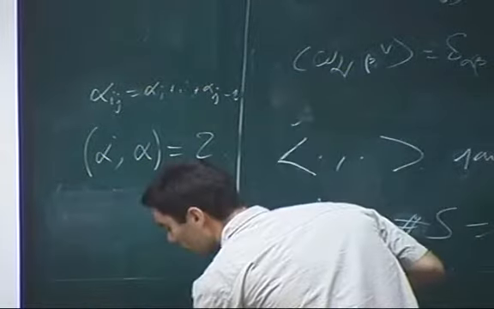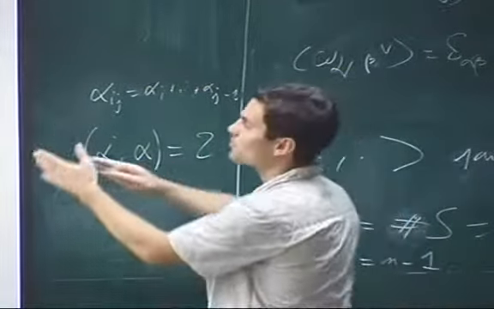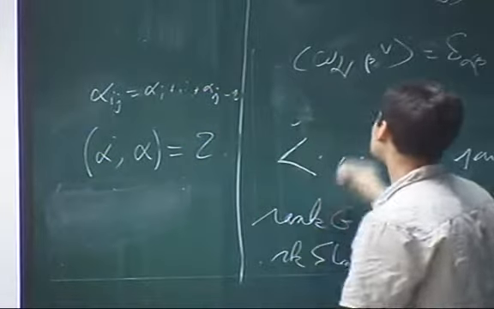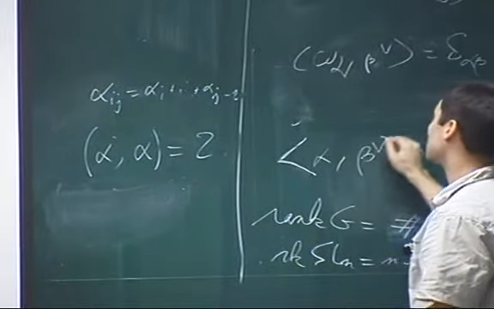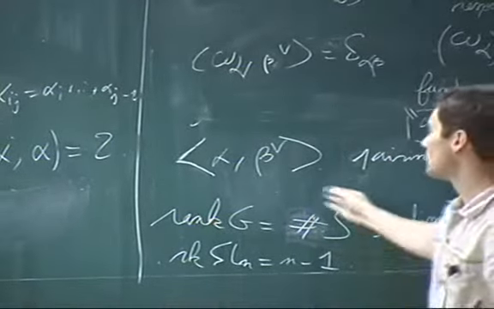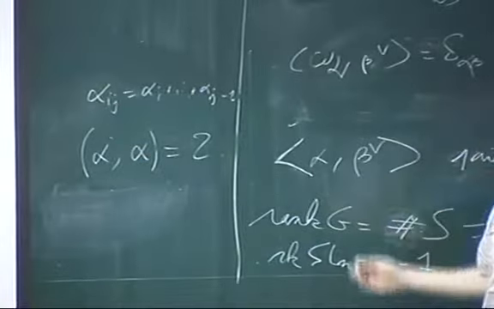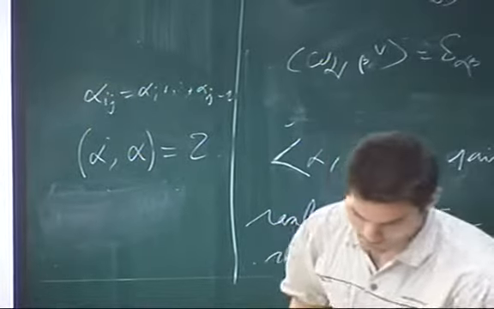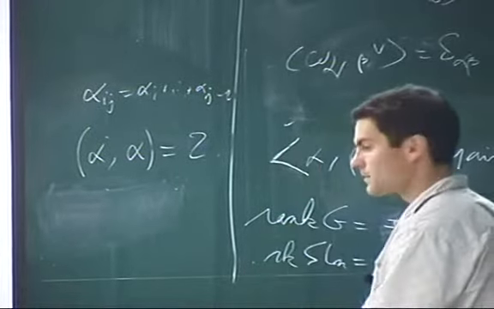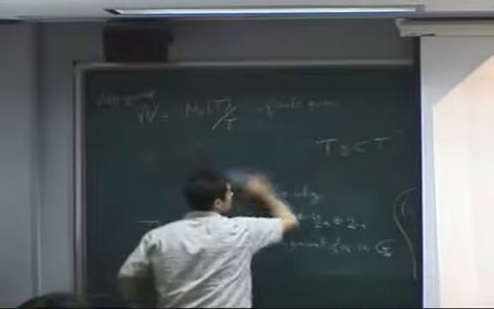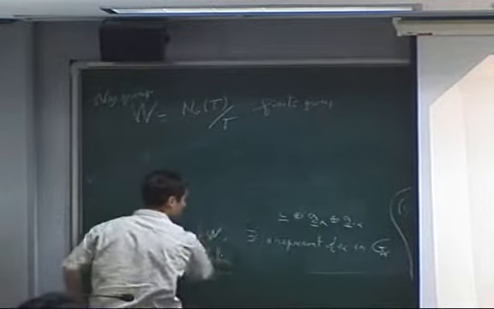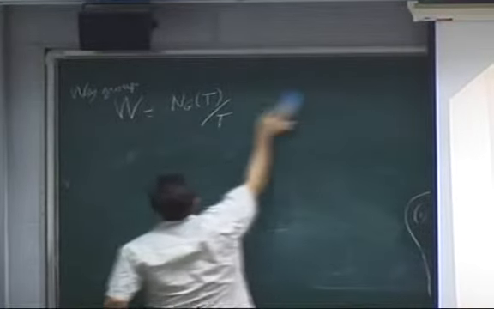We have a formula between the scalar product here and the product alpha, beta dual. But this is symmetric and this is not symmetric. So maybe I will use another slide in a few minutes. So I leave the screen here.